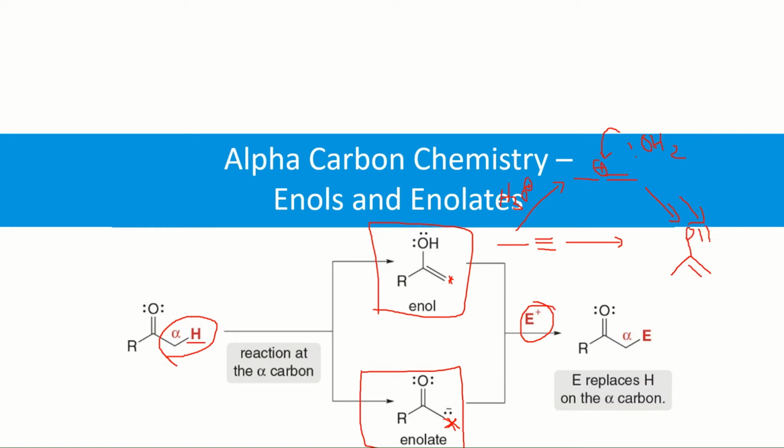Your enol will tautomerize to give you, in this case, a ketone. So an enol is really a tautomer of a carbonyl. Make sense?